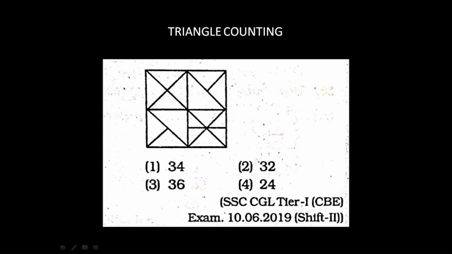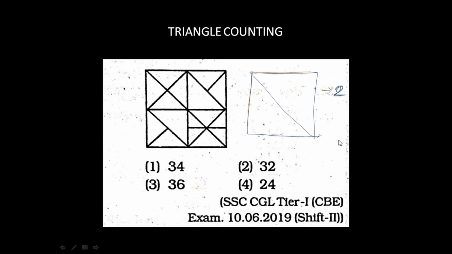How many triangles are there? Several figures are embedded inside this. Look, first of all, let me change the ink. First of all, this is a figure you can find, right? It is divided into two parts. So two triangles are there, right?